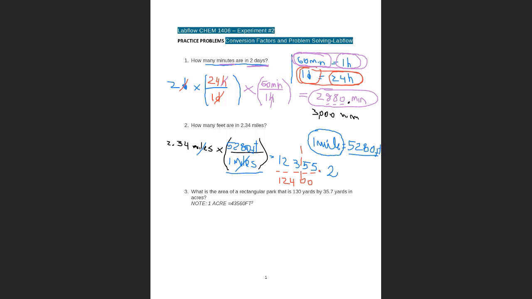And then the last problem, let's look at it. What is the area of a rectangular park? So you have a park that is 130 yards by 35.7 yards. And they ask you for the area, but they ask you in acres.